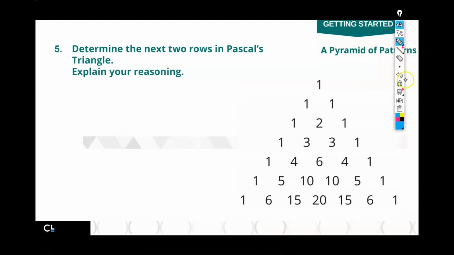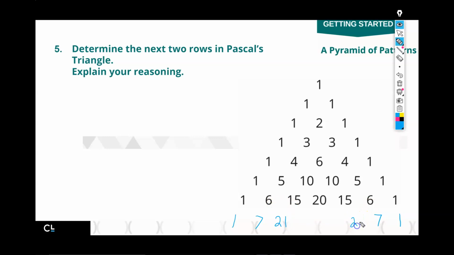So we're going to write 2 rows down here at the bottom. Notice this on the edge has 1, so we're going to put those out there. This row is increasing by 1, so we'll put a 7, 7, try to form the triangle. 6 plus 15 give us 21.